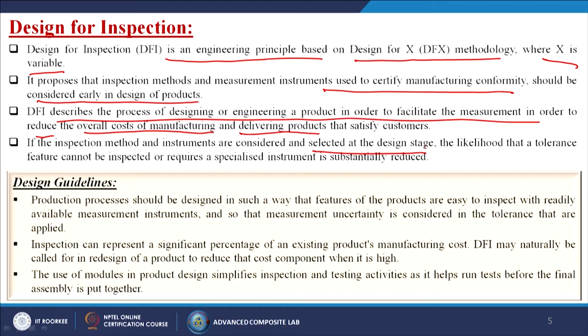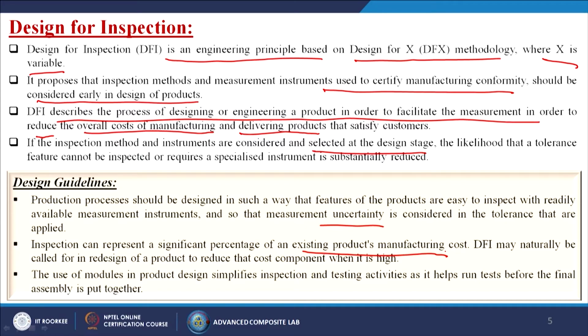What are the design guidelines? The production process should be designed in such a way that features of the products are easy to inspect with readily available measurement instruments, and so that measurement uncertainty is considered in the tolerances that are applied. Inspection can represent a significant percentage of an existing product's manufacturing costs.